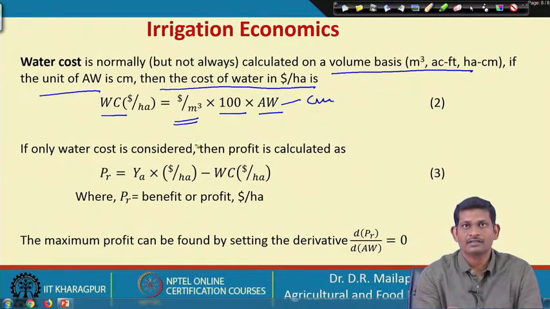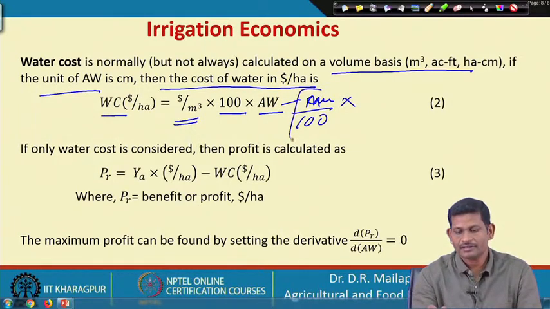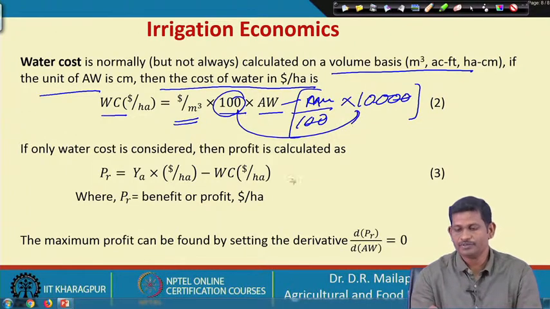Since we are computing for 1 hectare, the centimeter is converted into meters, that is divided by 100, and since it is 1 hectare, this is 10,000. So, this gets 100. This 100 is from this.